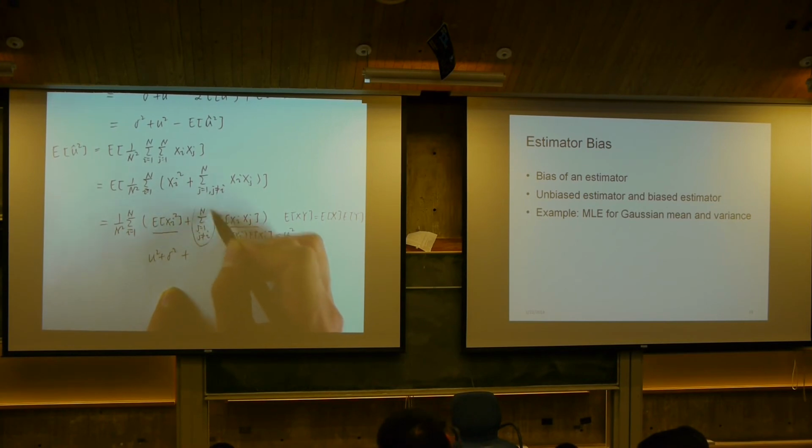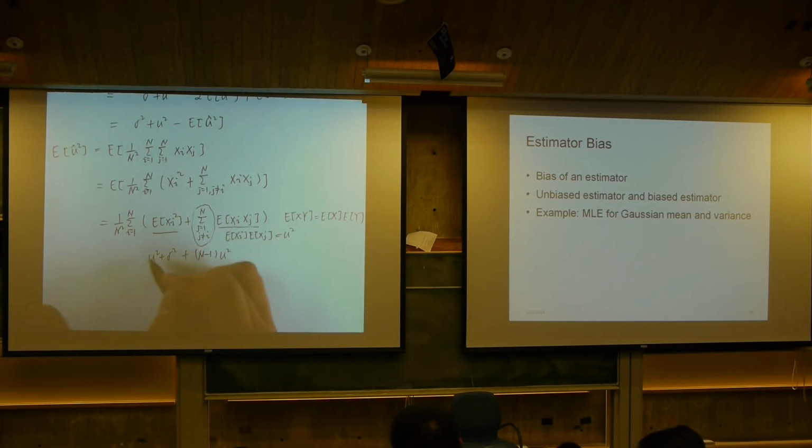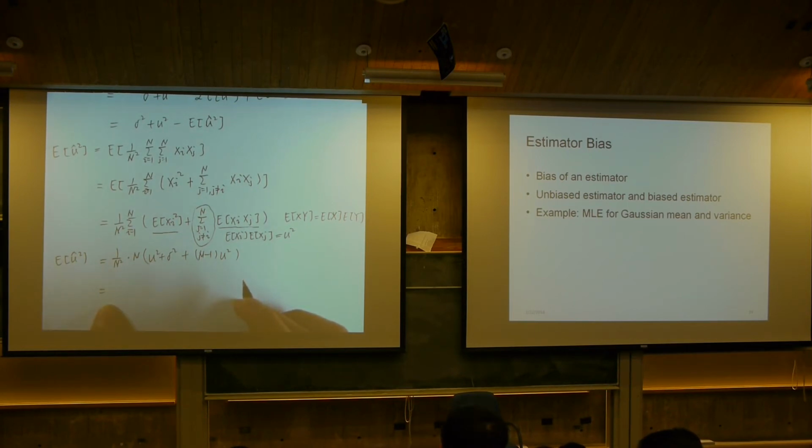And we have n minus 1 times mu squared. And we have n times here. So this equals to mu squared plus one over n sigma squared.